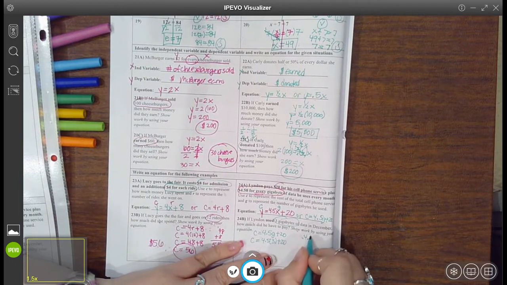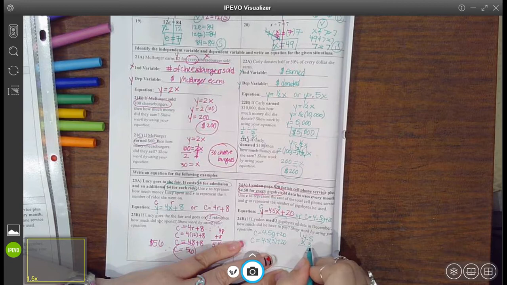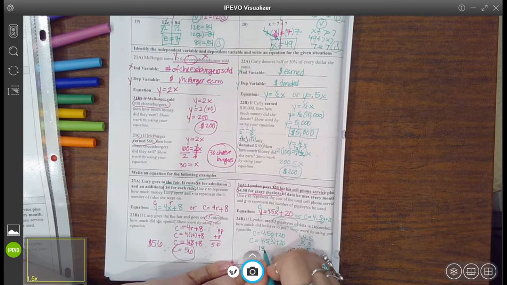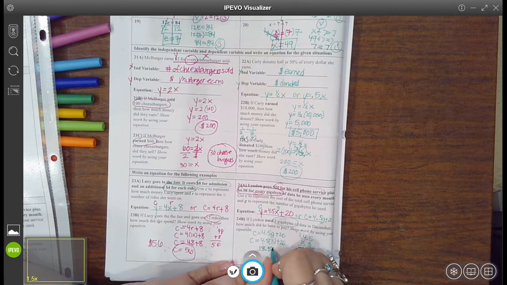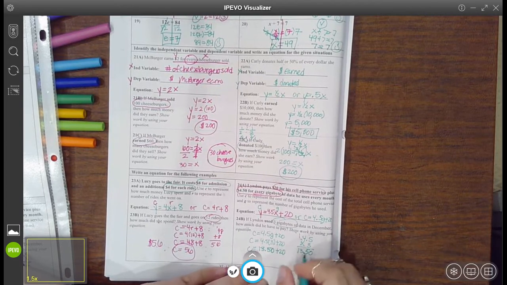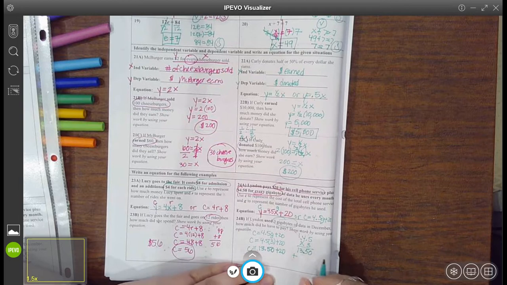So 4.5 times 3, that's 13.5, but it's talking about money, so let's put $13.50 plus an additional $20.